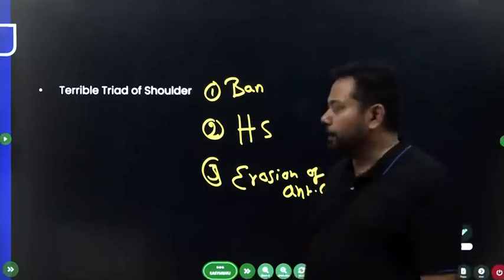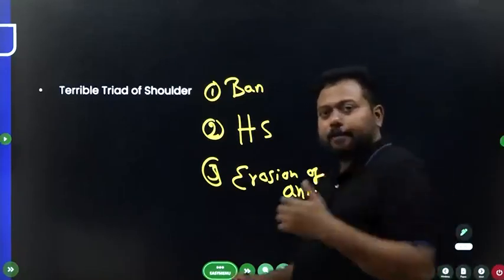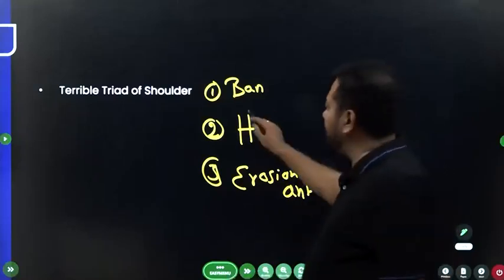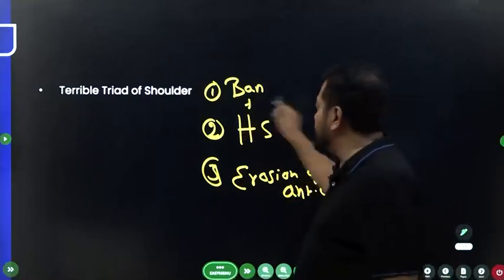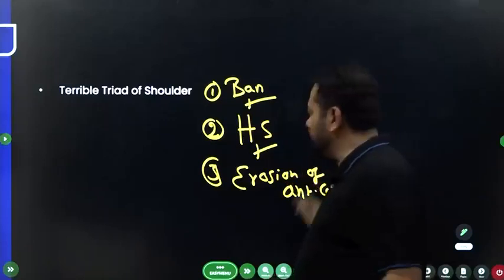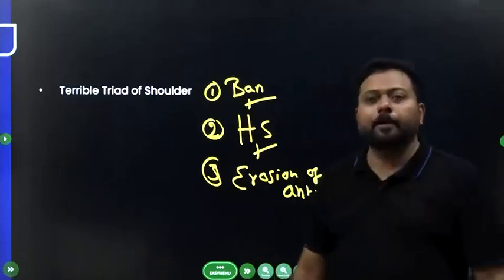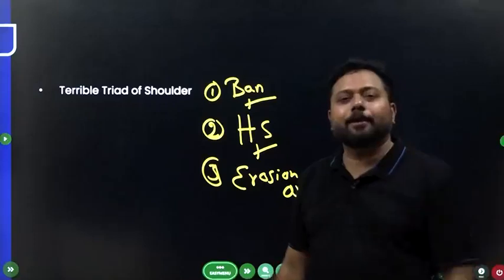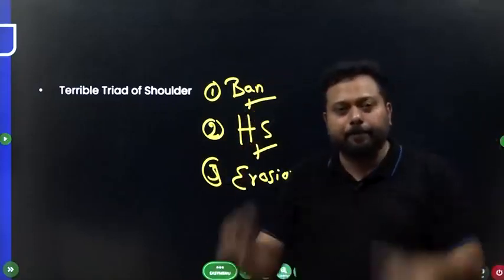Suppose in a shoulder dislocation case, the same side shoulder has these three pathologies together, Bankart's lesion plus Hill-Sachs lesion plus erosion of anterior glenoid rim. This combination is called an unhappy triad, otherwise called a terrible triad.